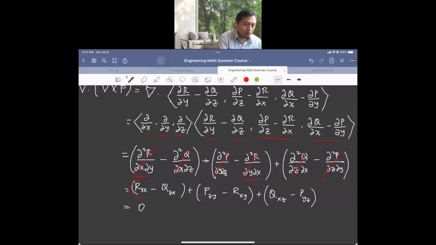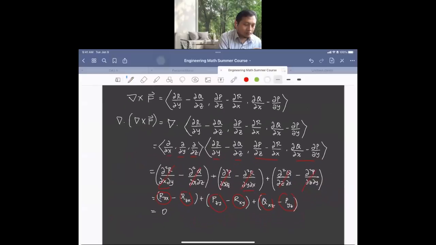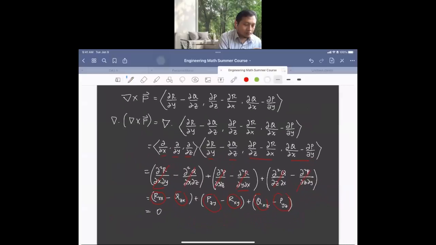And of course we know that the values here and here are equal, this is also equal, and this is also equal, which means we can cancel them all, and it becomes 0. That's it.